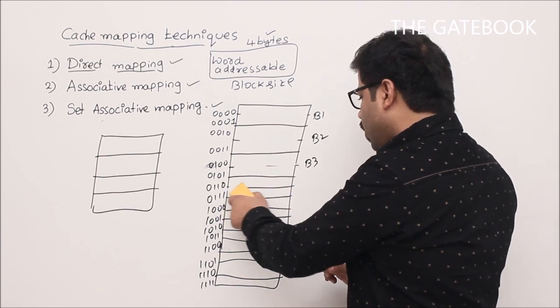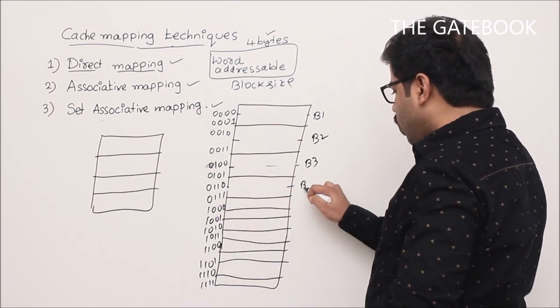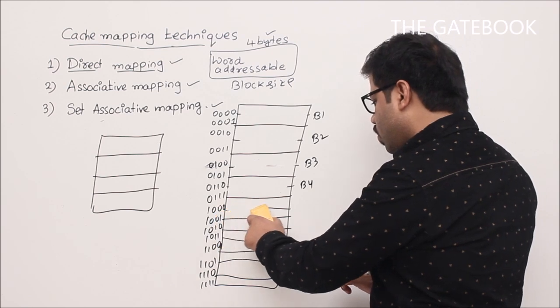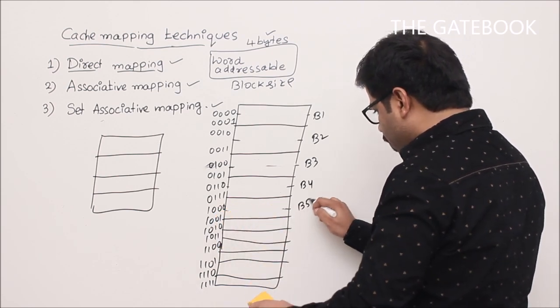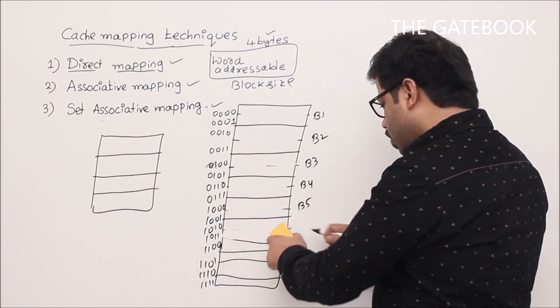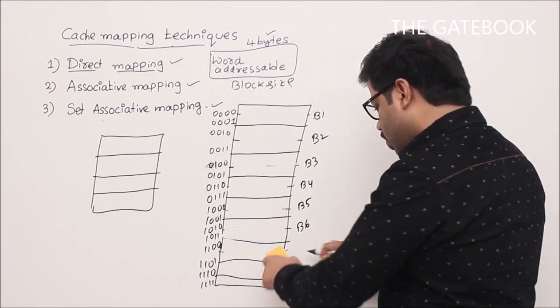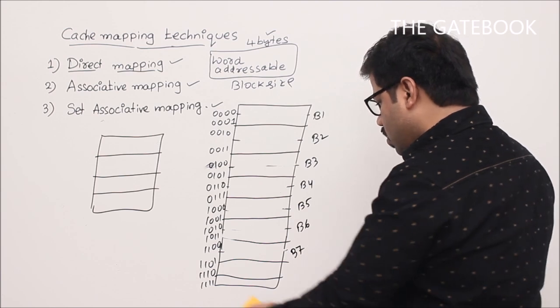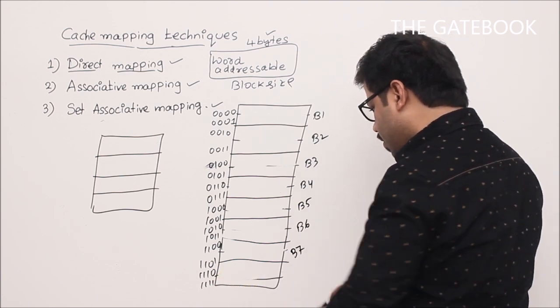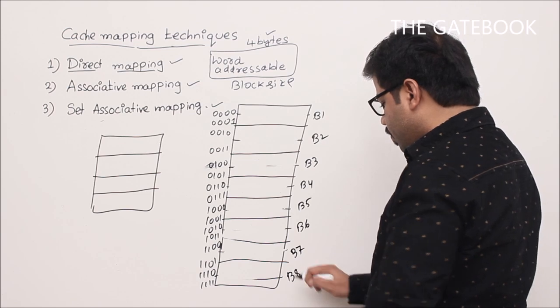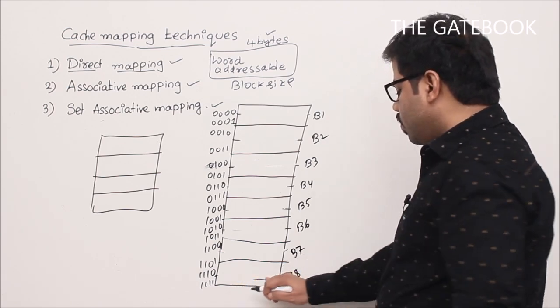Because every 2 words is one block, block 4, block 5, block 6, block 7, and this is block 8. There are 8 blocks.